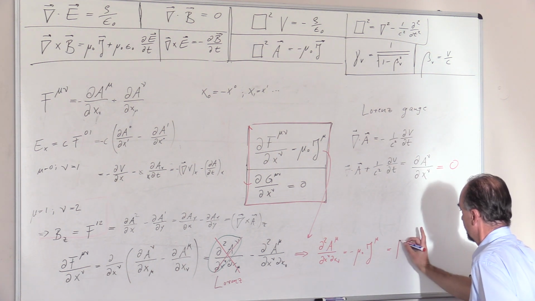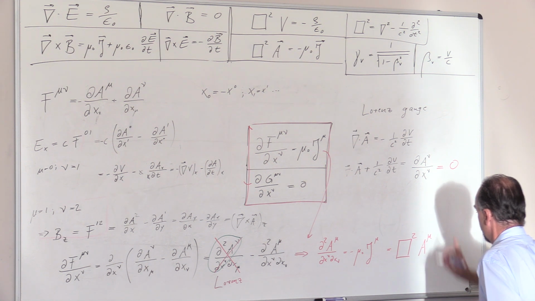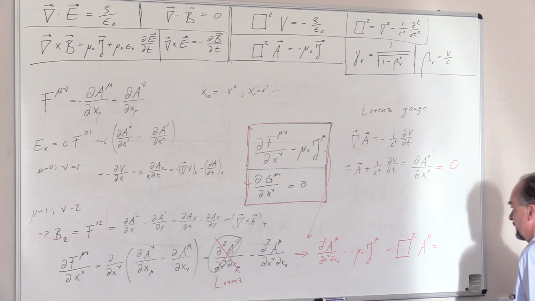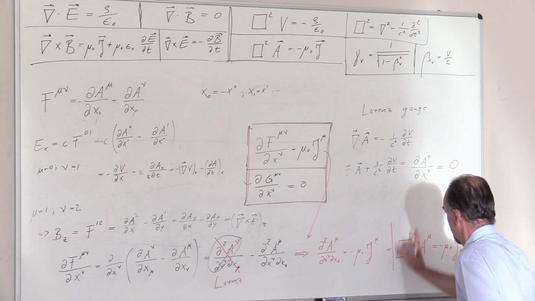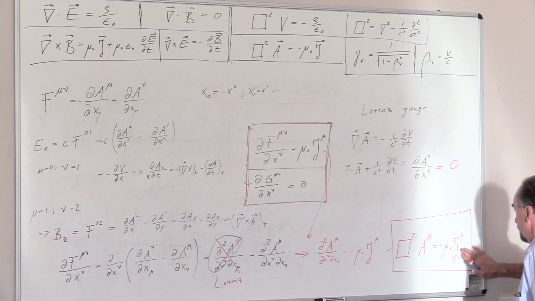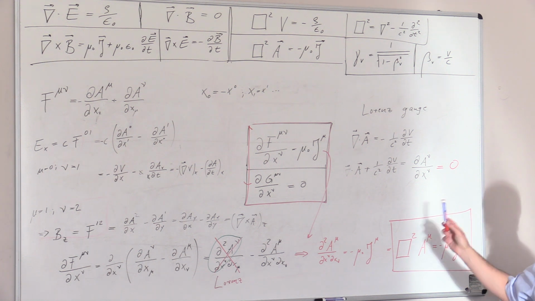So the D'Alembertian of the 4-vector potential is minus mu naught j^nu. And really, pretty much all of electrodynamics is in there.